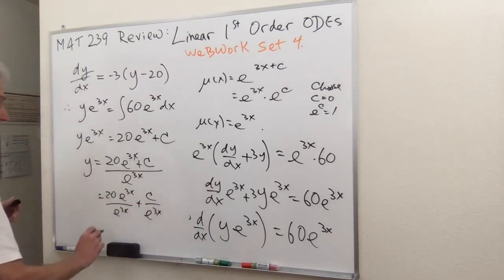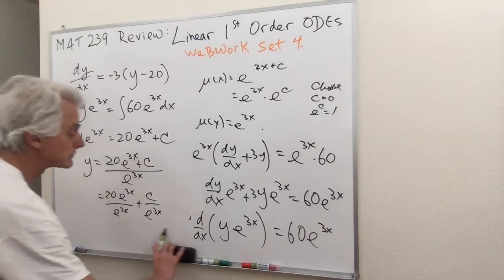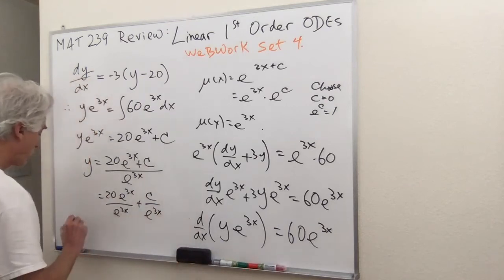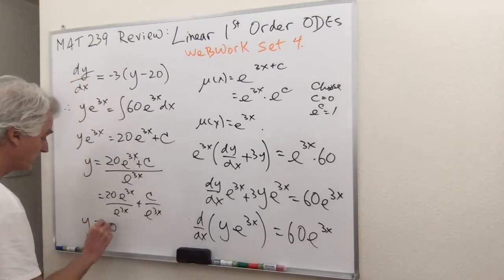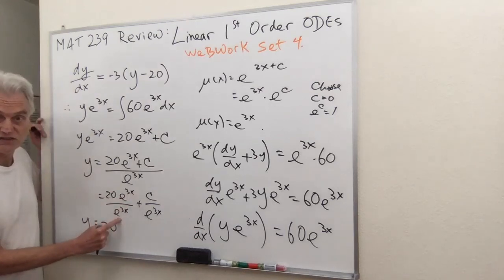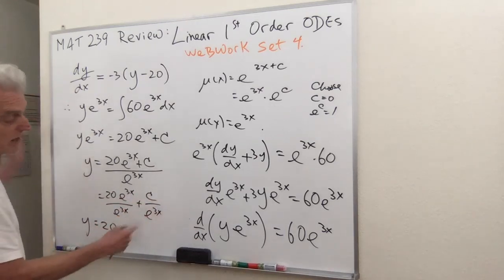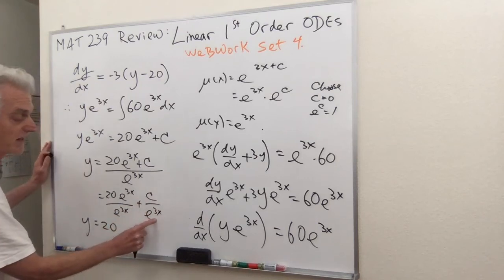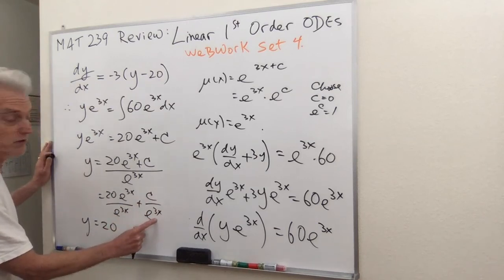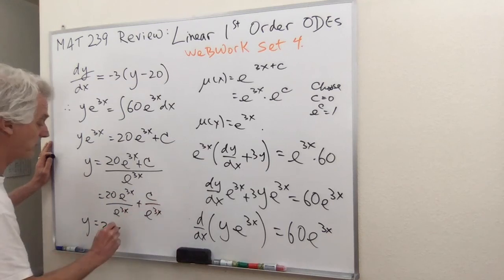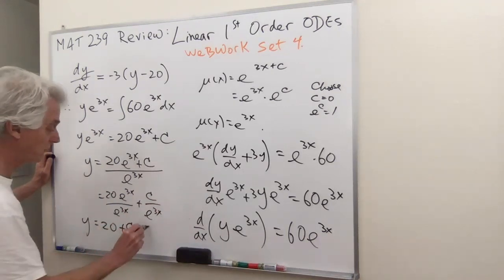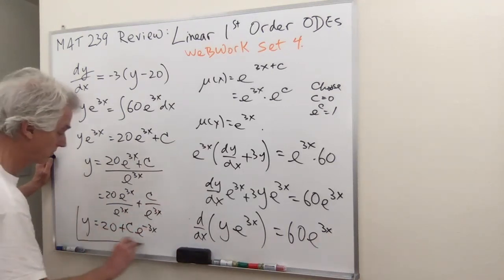Well, these cancel, and y is 20 because e to the 3x over e to the 3x is 1. And then in calculus or algebra, we usually like to trade e to the 3x on the bottom for e to the minus 3x on the top. So that's plus c e to the minus 3x.